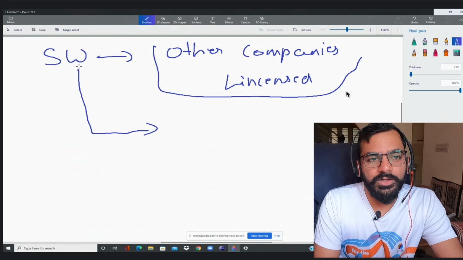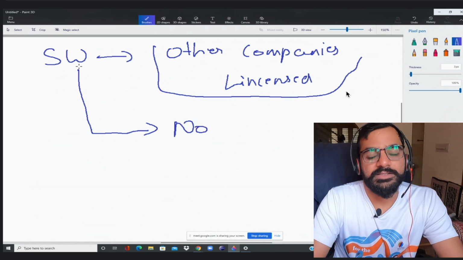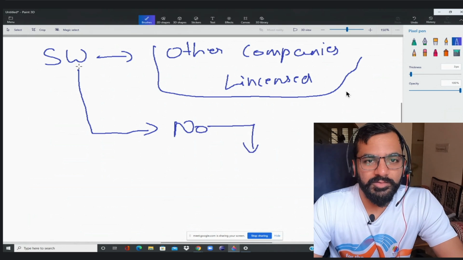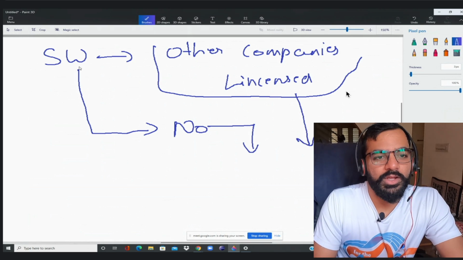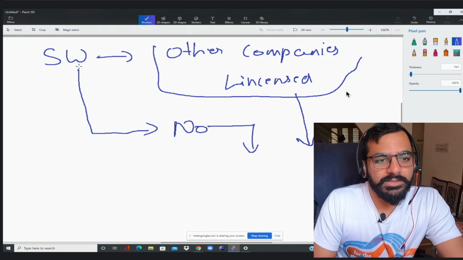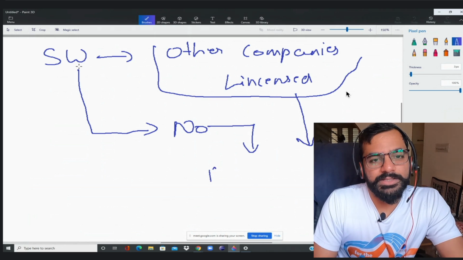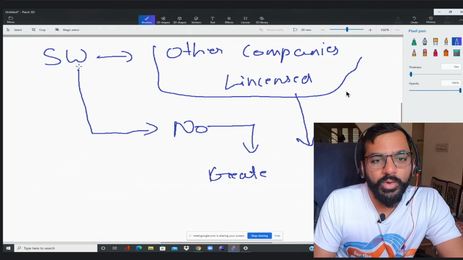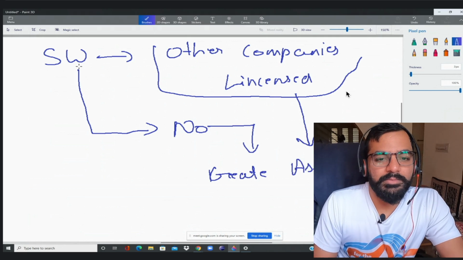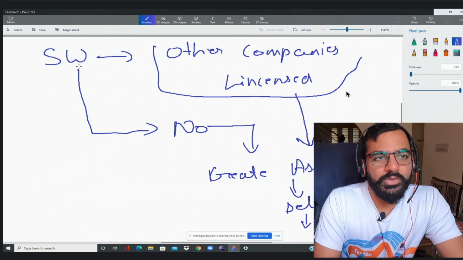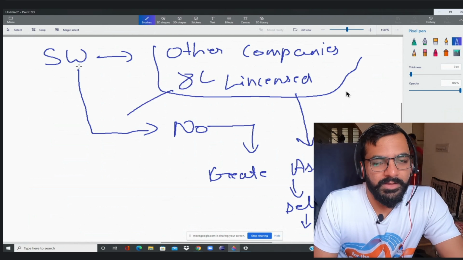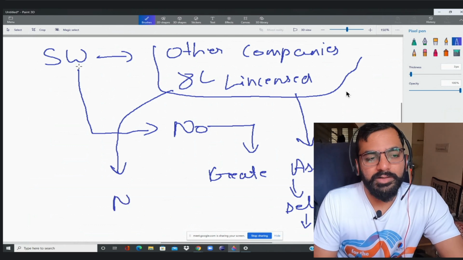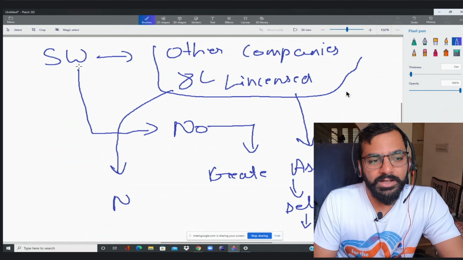No, right? So what happens here is, in any terms, even if these companies are purchasing the software, what will they purchase for? To create or make a new asset, which they'll sell and again make money out of it. Anyone is not mad to pay 8 lakhs for a software and use it for nothing. By paying 8 lakhs, they will be sure that at least more than 8 lakhs I'll make.